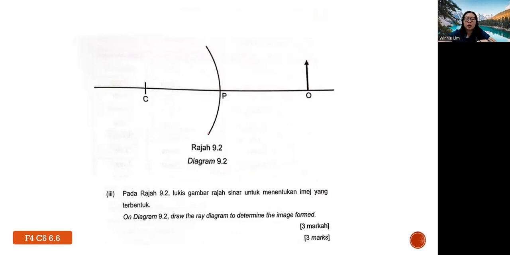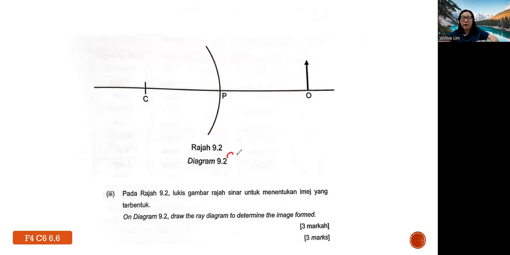Okay, next, on diagram 9.2, draw the ray diagram to determine the image formed. For a ray diagram, the teacher always wants students to pause and think first. Is this a mirror? Is this a lens? And then what mirror, what lens? Should the rays converge or diverge?